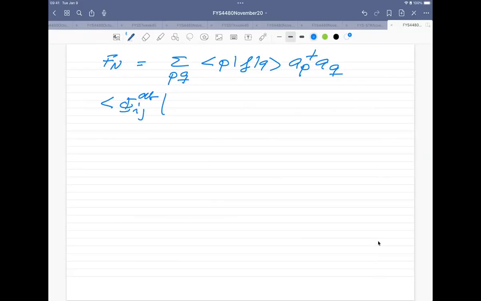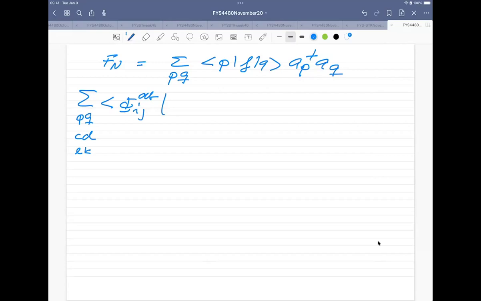So what we have then is this specific state, which now acts with Fn, and then we multiply that with T2. So what that means is that we have a sum over PQ, but then we have also the operator, which is going to give us CD, and then KL.